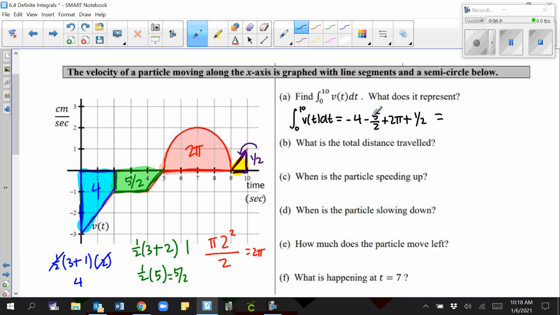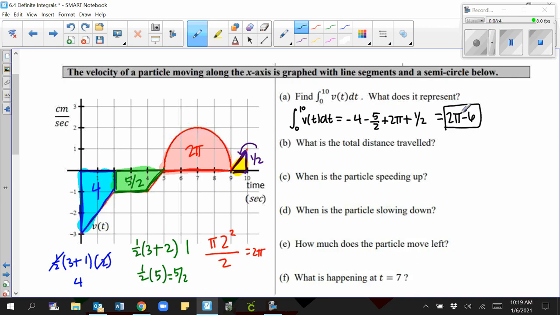So if I do a -5/2 and a positive 1/2, that gives me a -4 over 2, which is just -2, and then a -4 as well. So a -2 and a -4 give me a -6, so I'm going to have 2 pi minus 6.